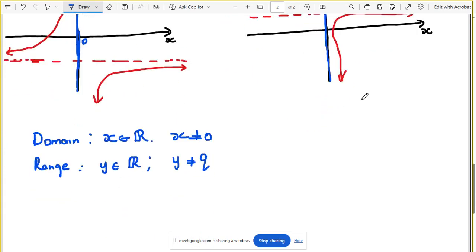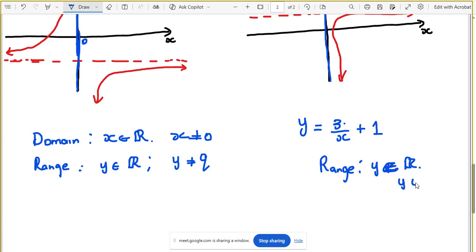So if you have y equals 3 over x plus 1, meaning y equals 3 over x plus q, the range will be y is an element of real numbers, but y must not be equal to 1. Do you understand?